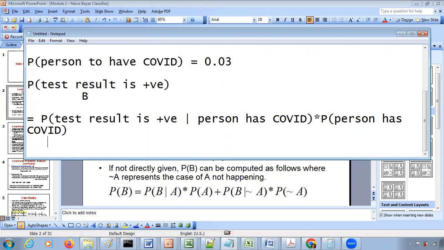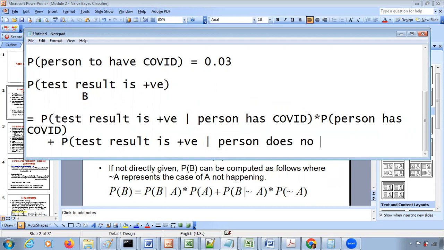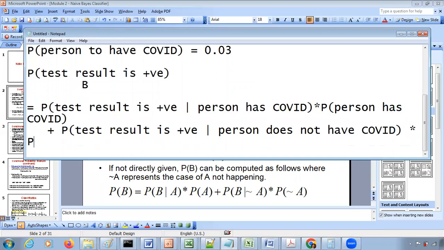That's one case, plus the probability that the test result is positive given that the person does not have COVID, times the probability the person does not have COVID.